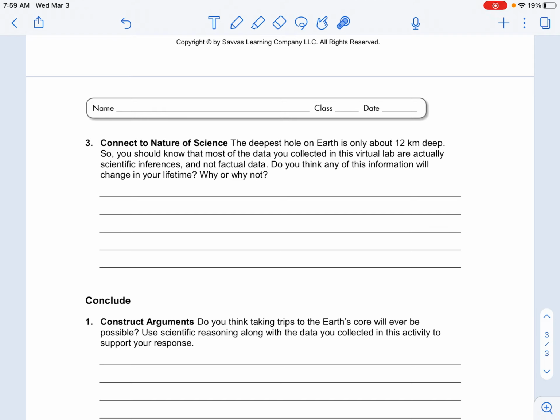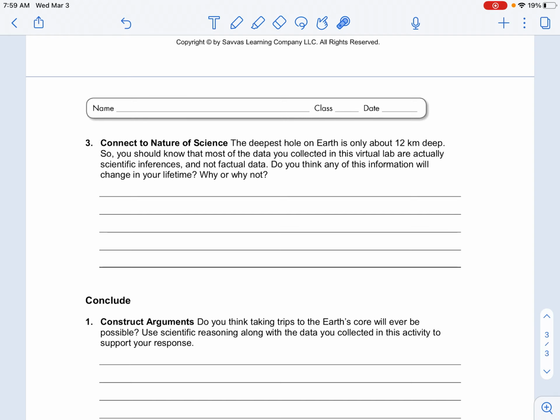First, yes or no. Do you think any of this information will change? The information we're talking about is measurements on pressure, temperature, the elements that are found. So yes or no, do you think any of that's going to change? And then why or why not? Do you think scientists will make some new discoveries in your lifetime?